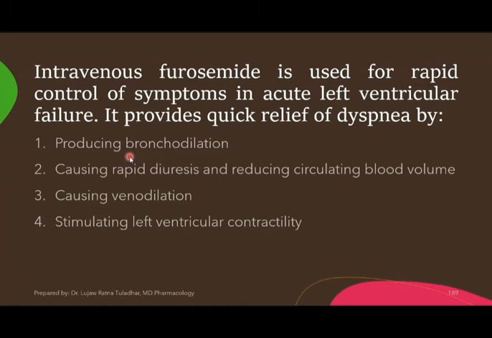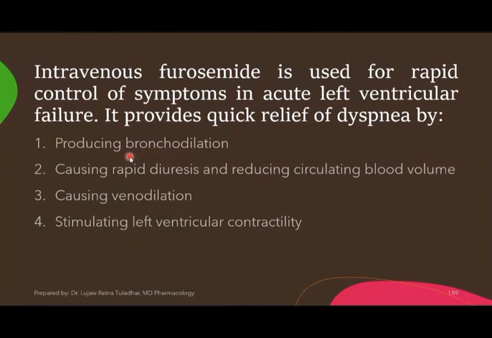the main cause behind that rapid relief is venodilation. All of these drugs, which are loop diuretics, contribute to vasodilation, because of which there is drainage of fluid from the lungs into the systemic circulation.